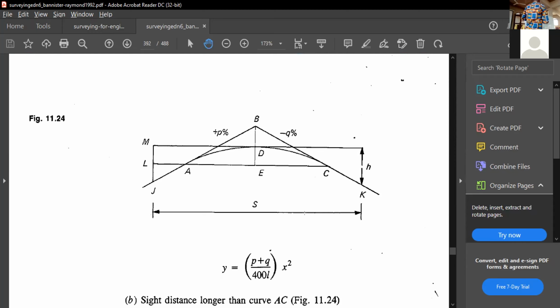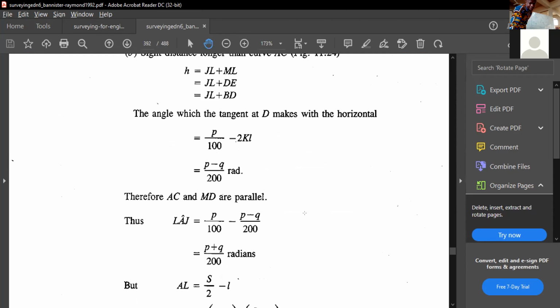So Y, you can just write Y is equal to (P plus Q) X squared over 400 L. So this relationship is true for this particular scenario. We can establish that.